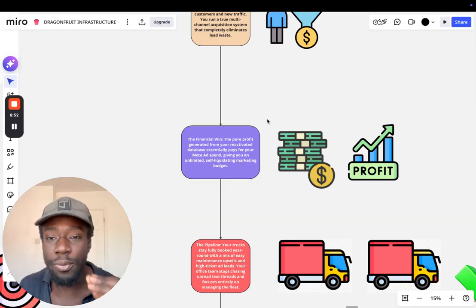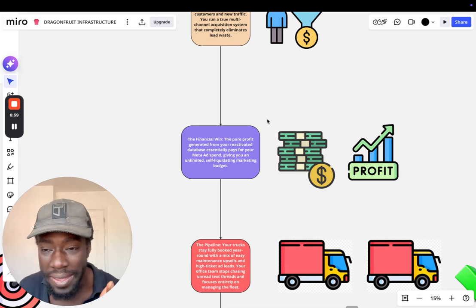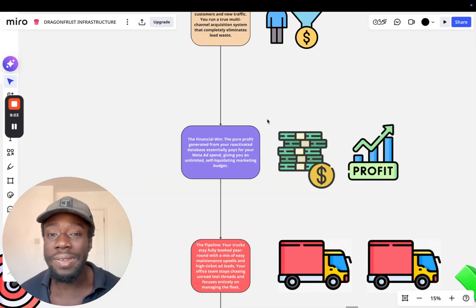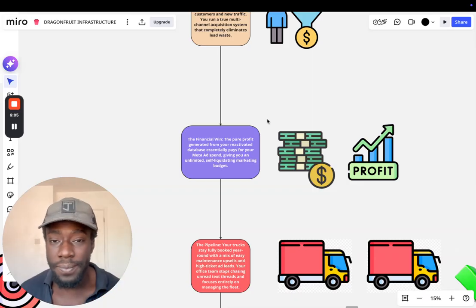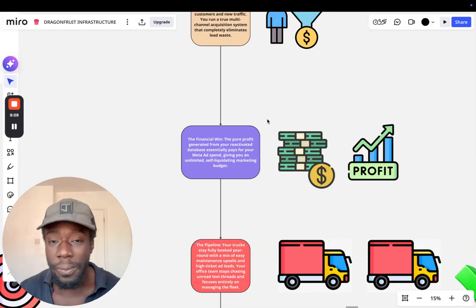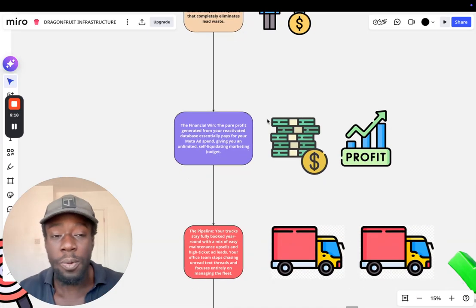It's because the pure profit generated from your reactivated database essentially pays for your ad spend, your marketing spend, giving you an unlimited self-liquidating marketing budget, right? Which means that every dollar you're spending, you're able to use the profit you're getting and put it back into marketing to get more customers, right? And more high ticket jobs, which is ultimately what we want.